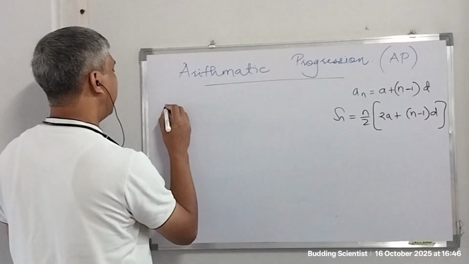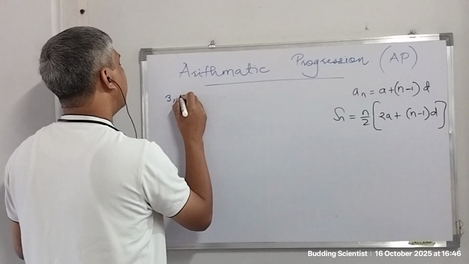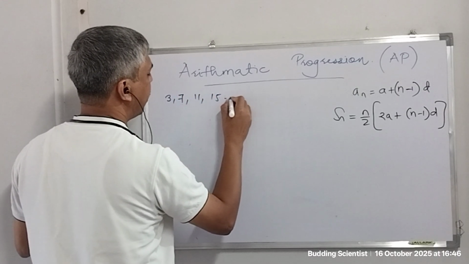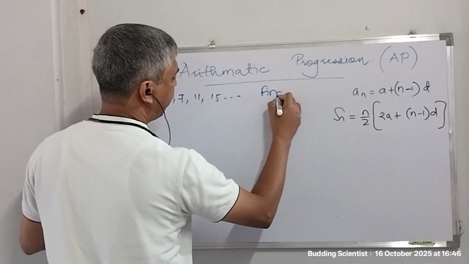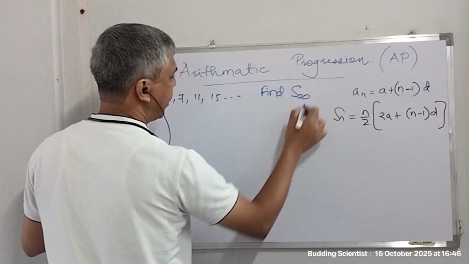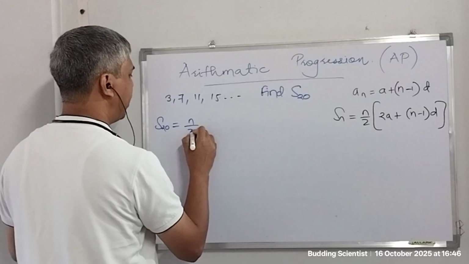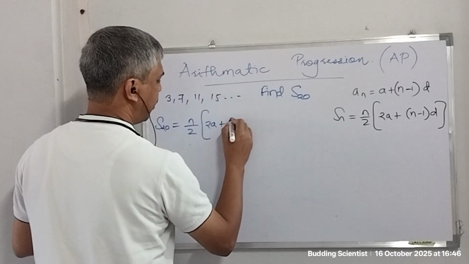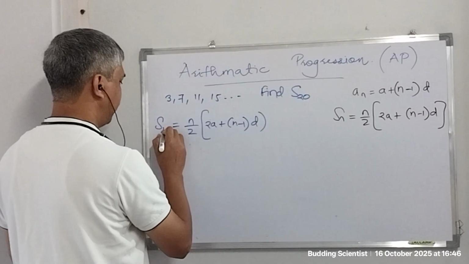First is very simple. In a sequence 3, 7, 11, 15 and so on, find the sum of first 20 terms. So S20 is equal to n by 2 into bracket 2a plus n minus 1 into d, which is Sn.